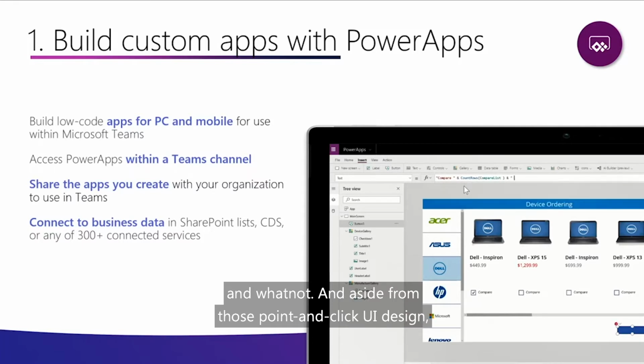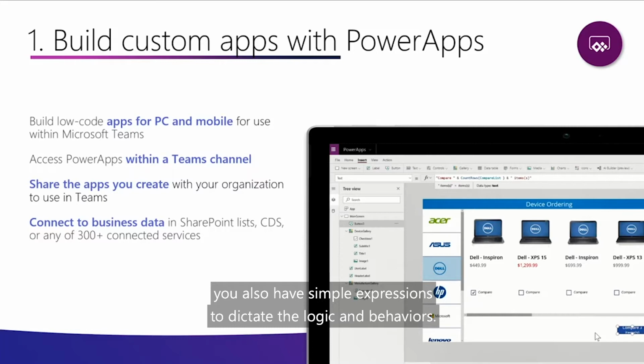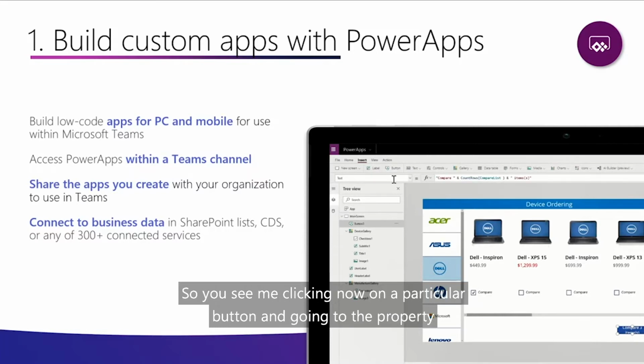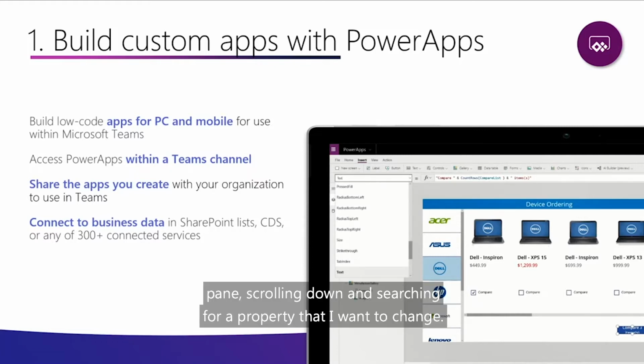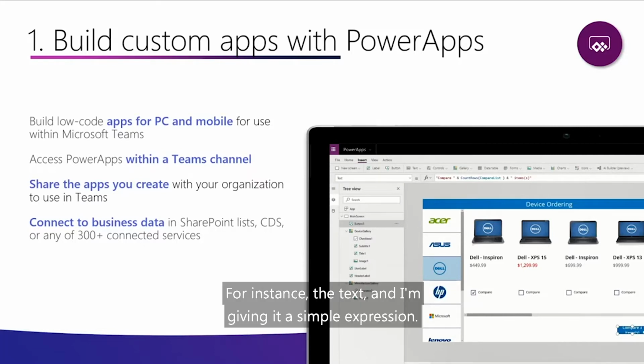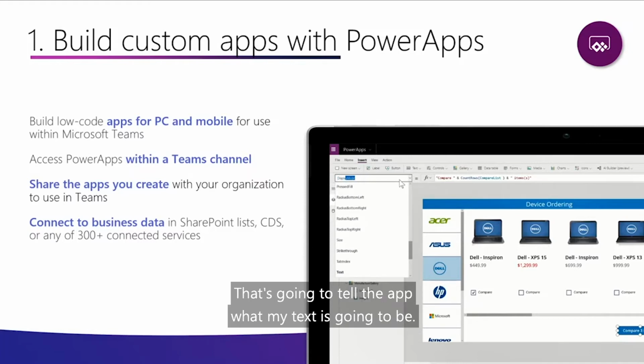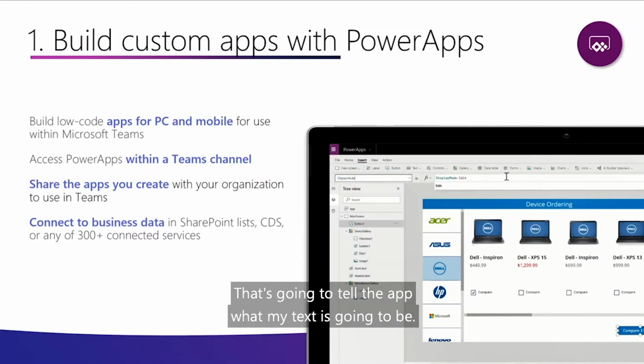And aside from those point-and-click UI design, you also have simple expressions to dictate the logic and behaviors. So you see me clicking now on a particular button and going to the property pane, scrolling down and searching for a property that I want to change. For instance, the text. And I'm giving it a simple expression that's going to tell the app what my text is going to be.